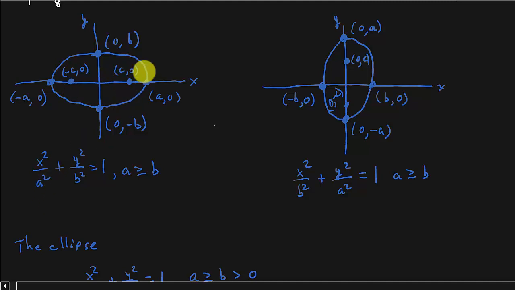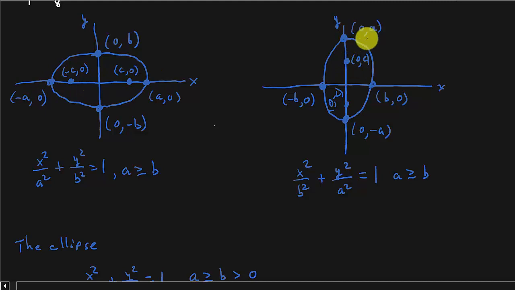All right. And the equation of this ellipse would be x squared over a squared plus y squared over b squared equals 1, where a is greater than or equal to b. Okay, so this a is greater than or equal to b. And then over here, notice it's similar, but remember over here how the negative a0 and a0 are your vertices.